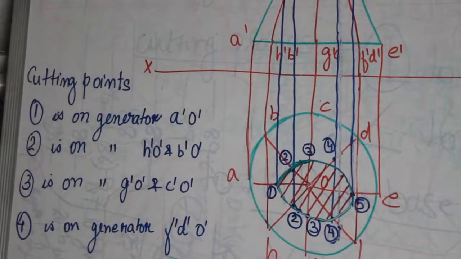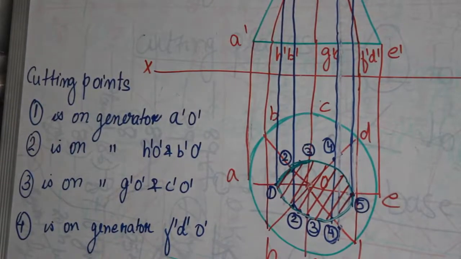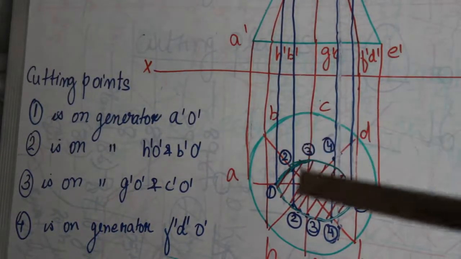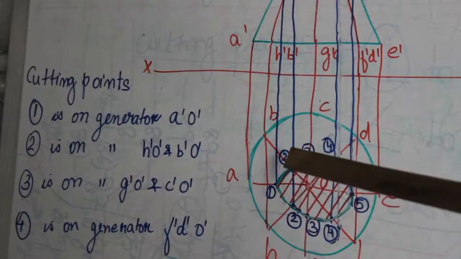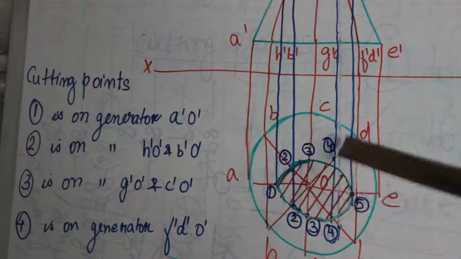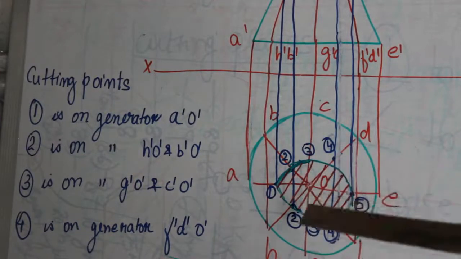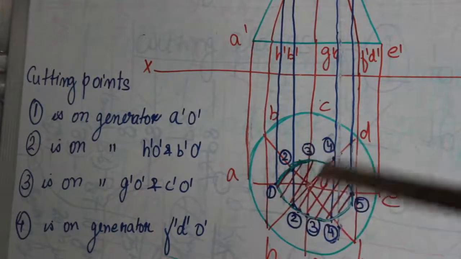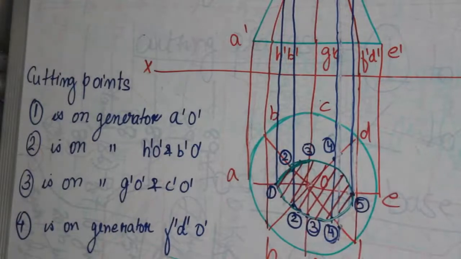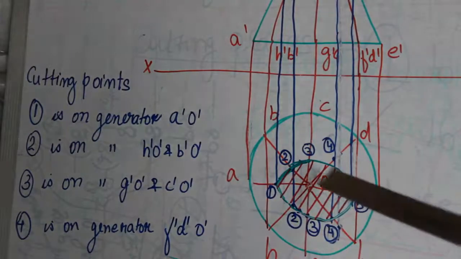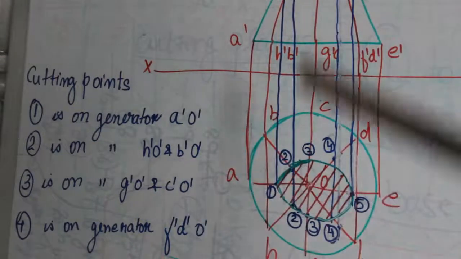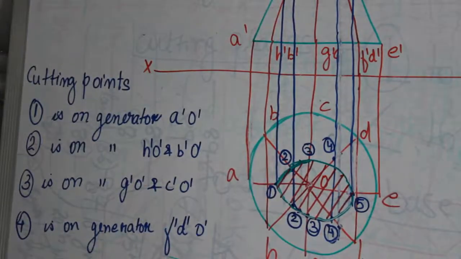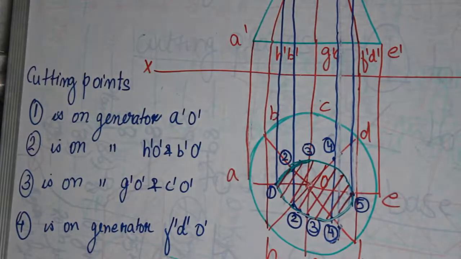Now you can see clearly that this is the section part which is created, and I have drawn the section lines, or hatching lines. The angle should be 45 degrees, and this is how all the cutting planes and sections are created in engineering drawing.